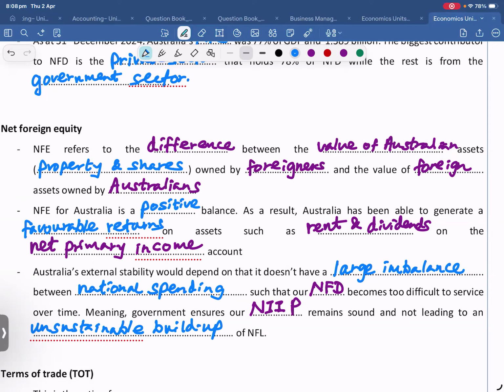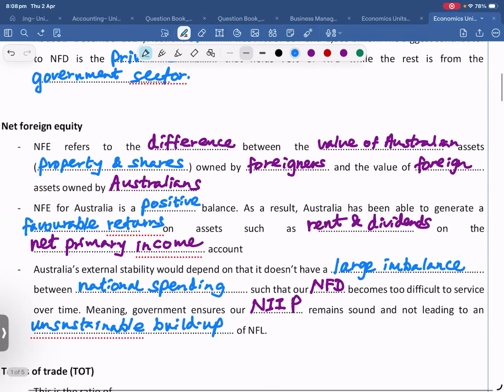Where do we record the rent and dividends? Dividends are the profits.